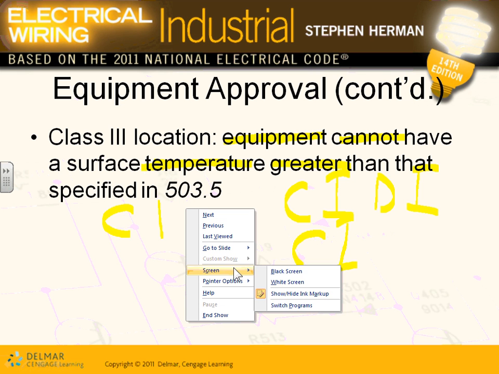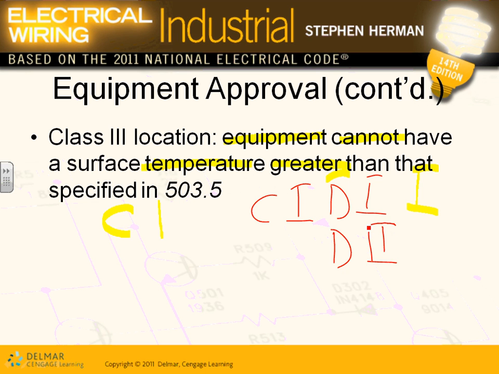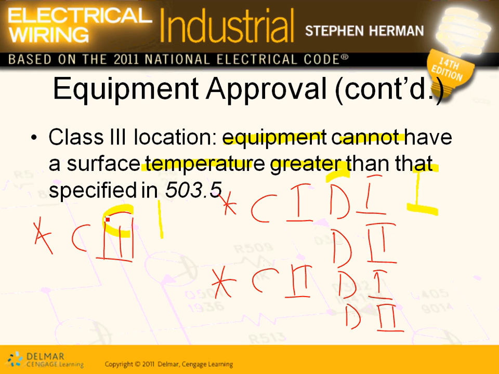Let me get my pointer. The only thing you need, I'll show you a nicer picture, is Class 1, Div 1 or Div 2, if the equipment is rated for this; or Class 2, Div 1 or Div 2; or the last one, Class 3, Div 1 or Div 2.